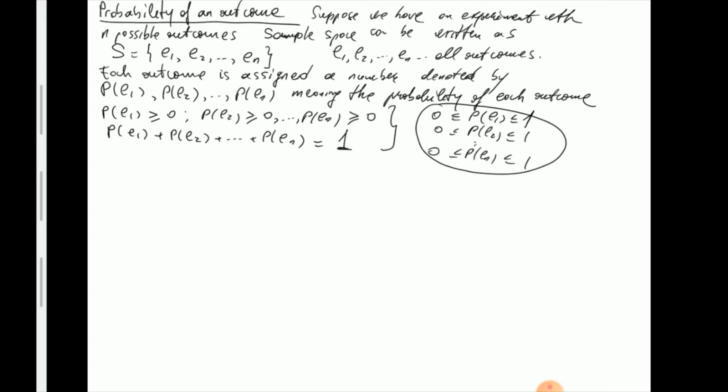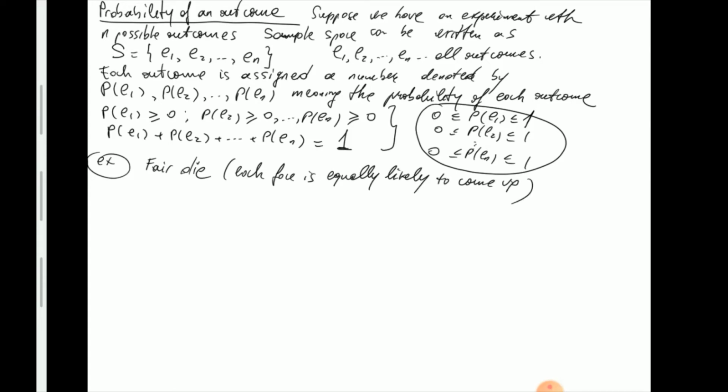So again, as an example, let's say we have a fair die, meaning that each face is equally likely to come up when you roll a die.